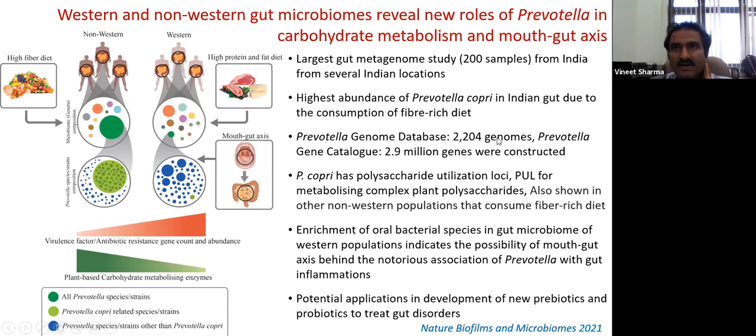We noted that Prevotella copri is the most dominant one. It is also an understudied bacterium, because it is dominant in this part of the world but not in the other part. So we had to do more comprehensive work on Prevotella.